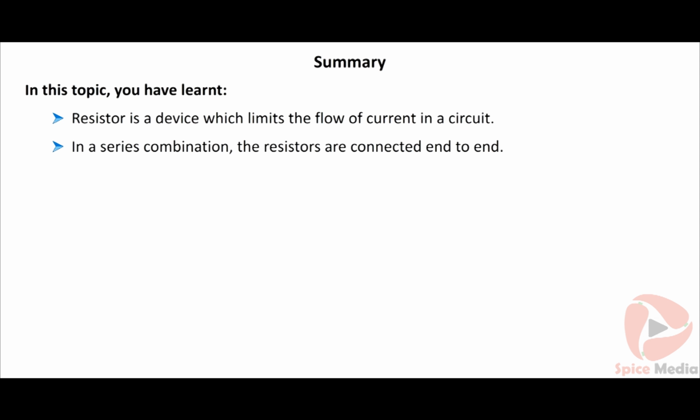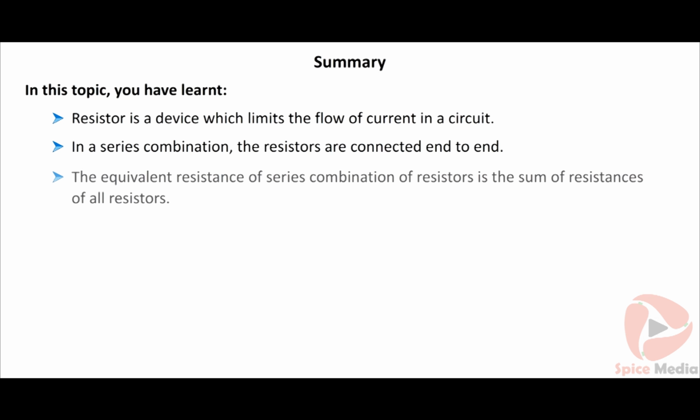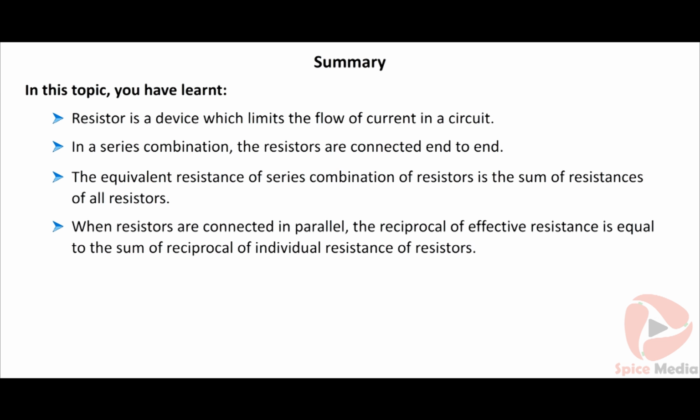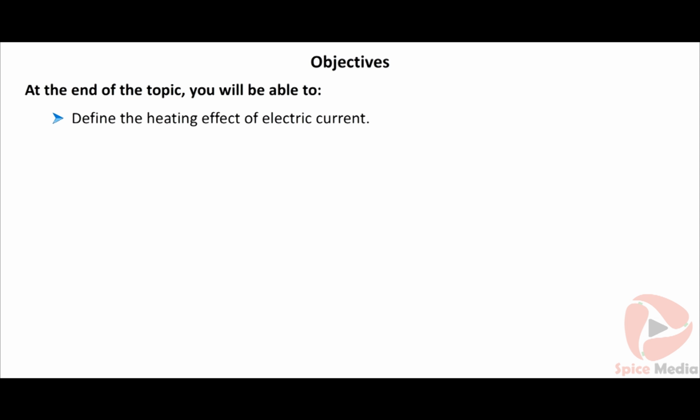In a series combination, the resistors are connected end to end. The equivalent resistance of a series combination of resistors is the sum of resistances of all resistors. When resistors are connected in parallel, the reciprocal of effective resistance is equal to the sum of reciprocals of individual resistances of resistors.